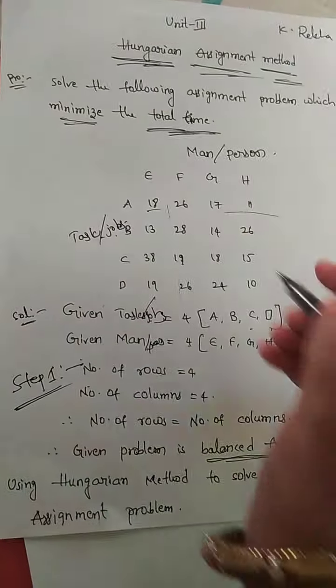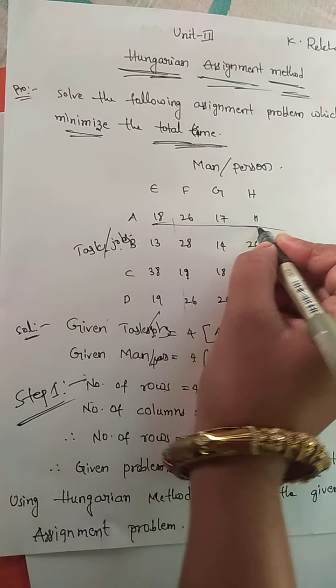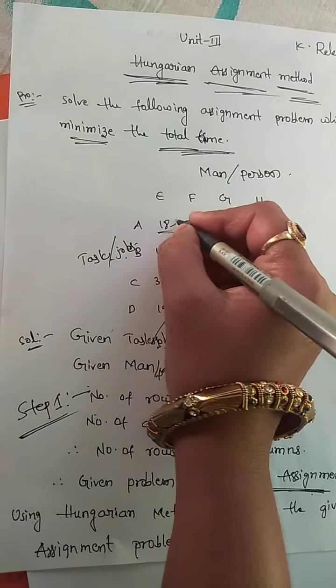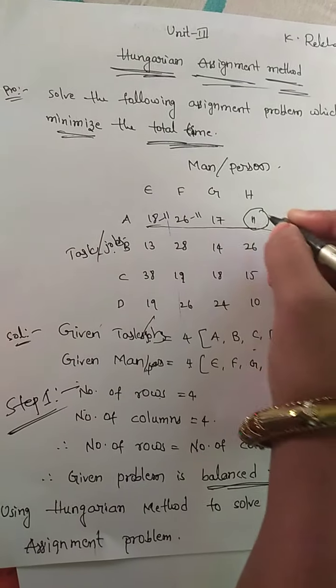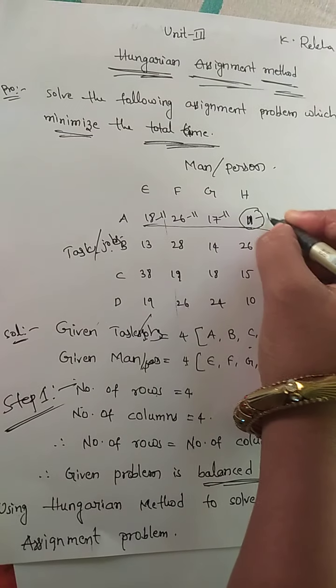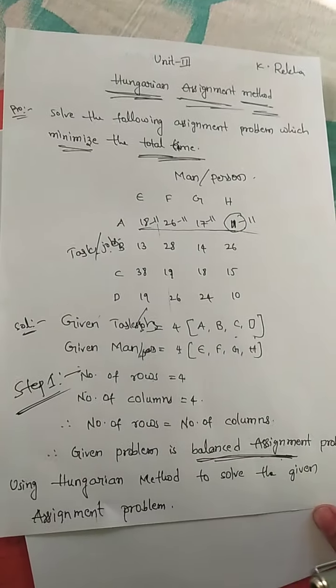Row reduced matrix means in this row the least value is 11. We have to subtract each value with 11.